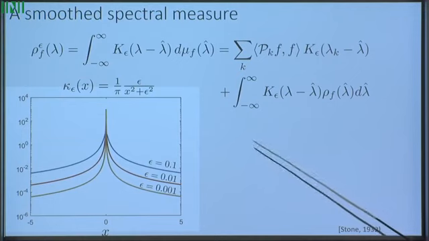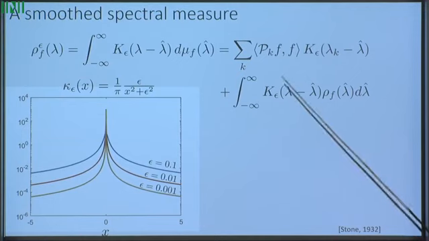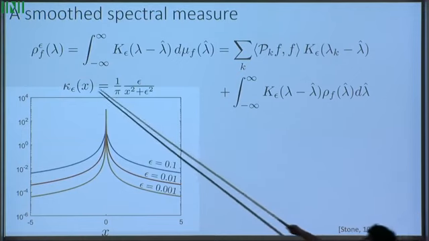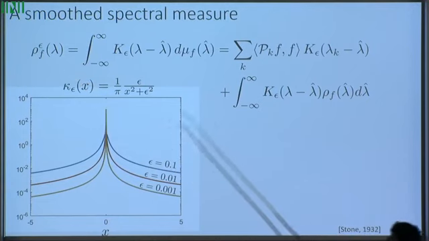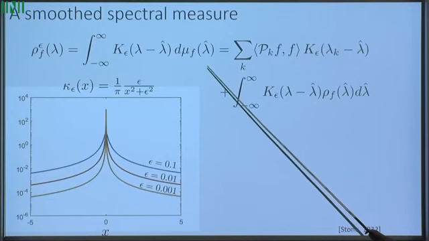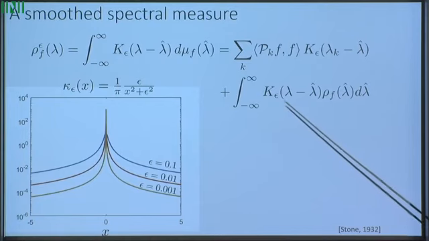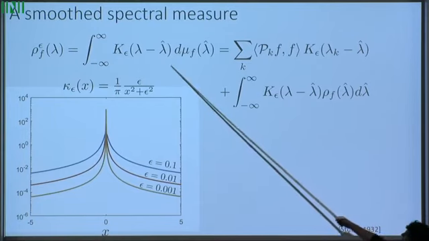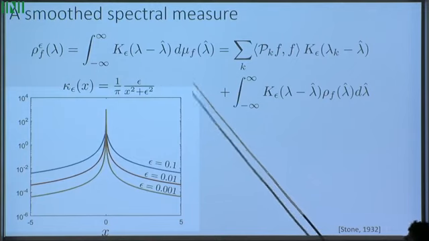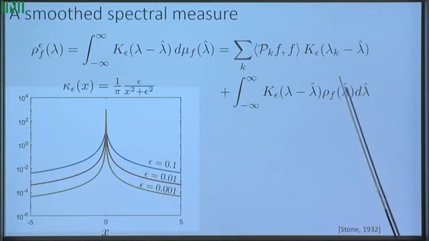Basically, what we have is that these samples, this slice of the resolvent we're taking right above the real axis, is equivalent to a convolution with the Poisson kernel. So when we convolve the measure with the Poisson kernel, we generate that slice of the resolvent that's a distance epsilon off the real axis.